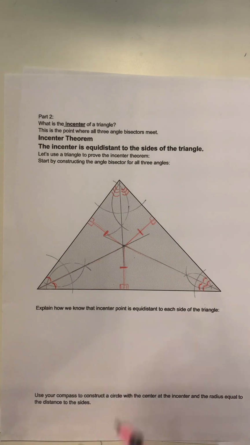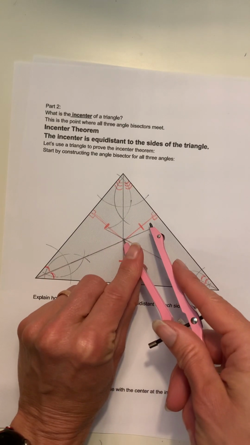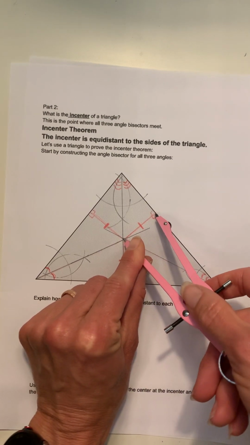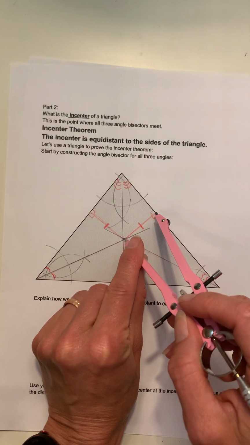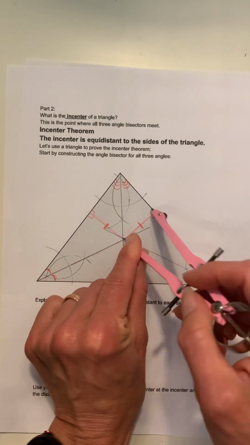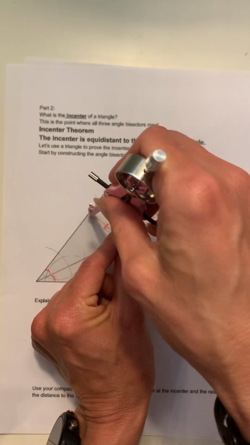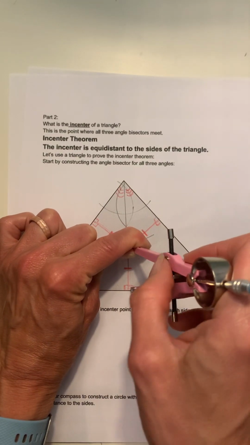Another way you can prove it using constructions is to take your point, put it on your incenter, measure out the length to that. Now, again, I would have had to make a perfect construction of an exact altitude to make sure this came out right, and I would have had to have my incenter perfect, which I didn't quite do.